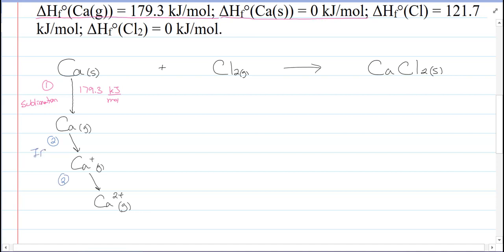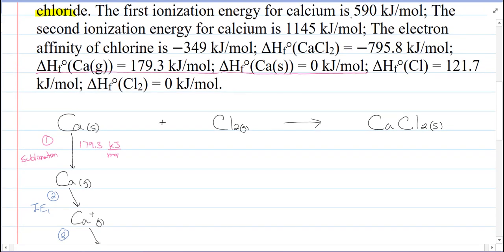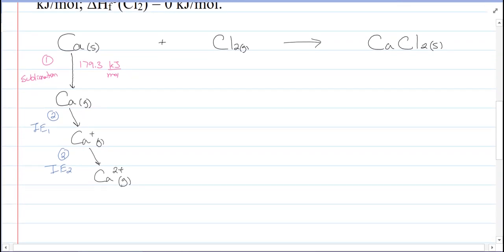We got IE1 and IE2, the first ionization energy and the second. The first ionization energy is 590, and the second one is 1145. So I have 590 kilojoules per mole and 1145 kilojoules per mole.